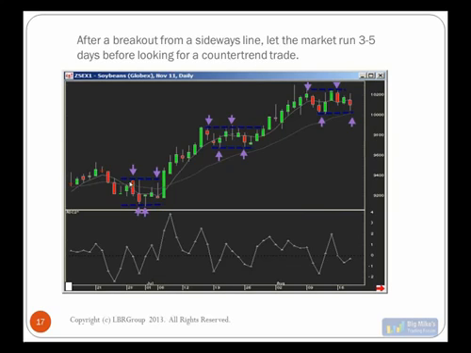And then he said, once you break from one of these trading areas, and I just simply, there's no better way than drawing a little rectangle about it. Once you break from one of these areas, let it run a couple days before looking for your sell short day, you see? So, for example, you had an upside breakout here. You don't want to risk that you've got an extended run type of environment.